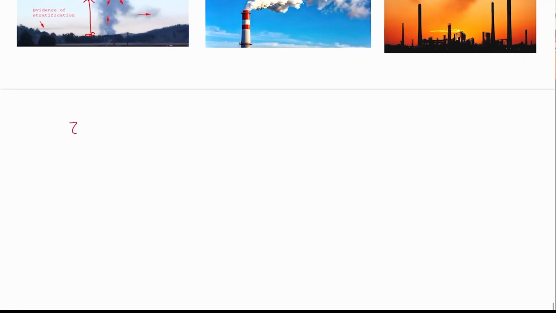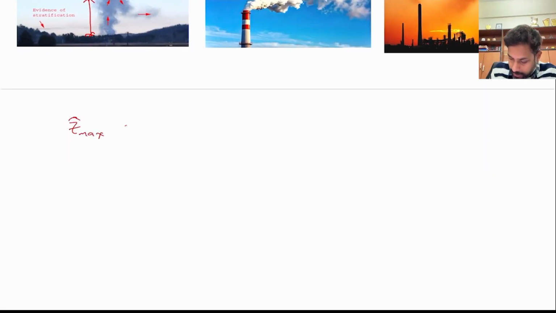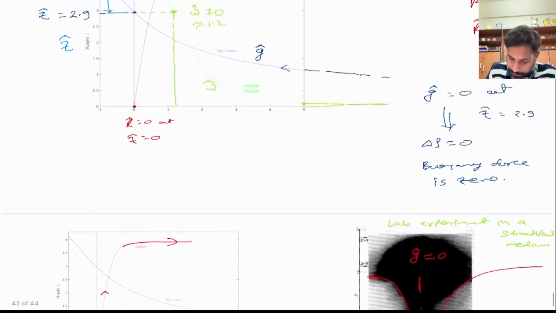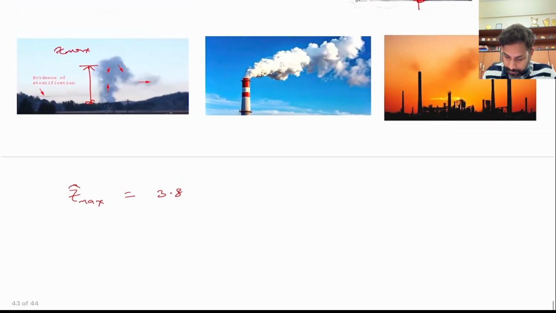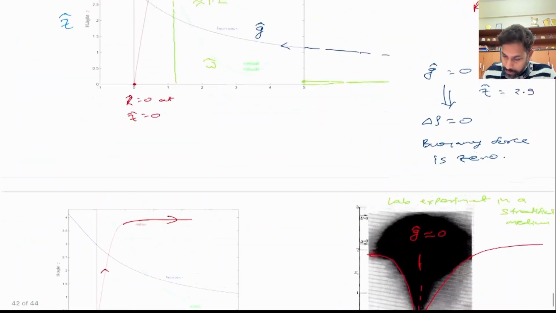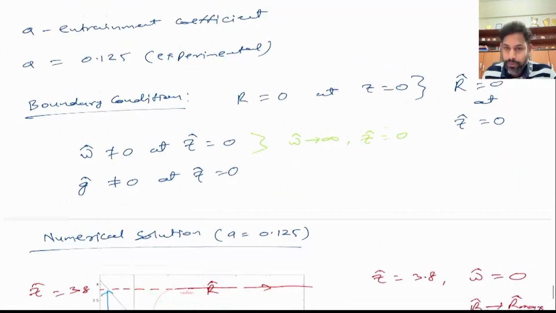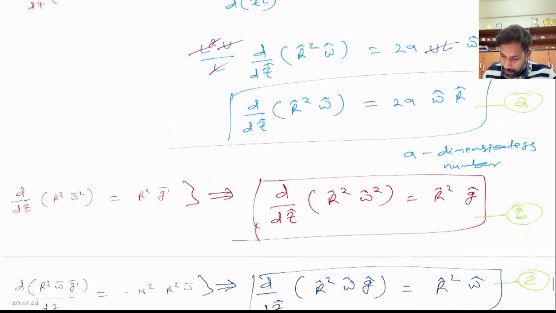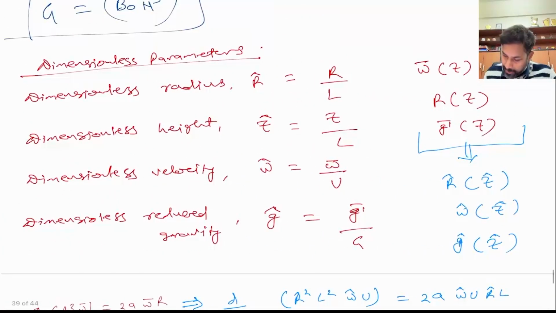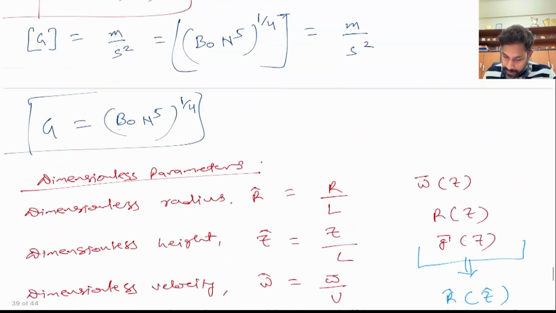Okay, all right. So now if you want to predict Z max, for instance, or other parameters, the way we do it is, Z hat max we have seen here is 3.8, okay, 3.8, that is the value we predicted using the numerical solution. And now we want to convert this Z hat max into the dimensional Z, because Z hat is the non-dimensional part, right? And how we have defined Z hat, that is Z by L. And what is L here?